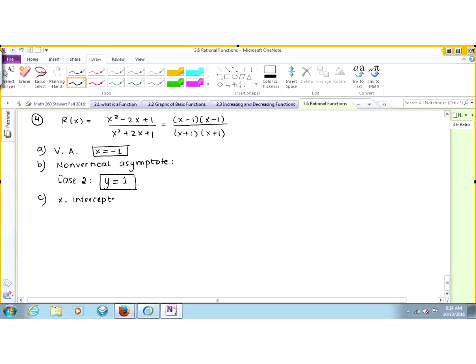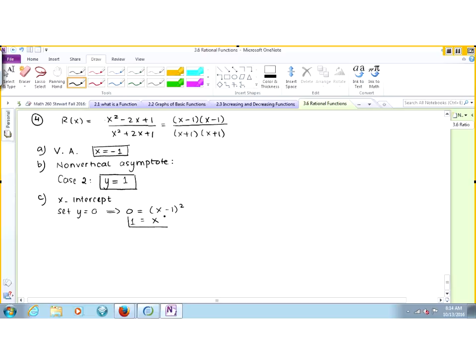X-intercept. What is the equation of the x-intercept? So set y equals to 0. So 0 is equal to the top, x minus 1 squared. So what is x?